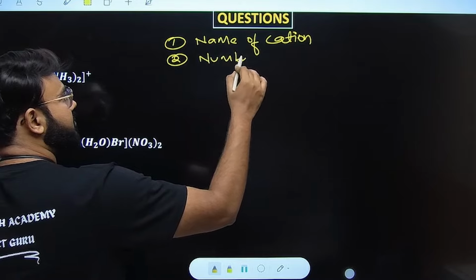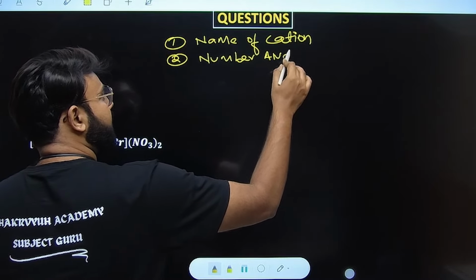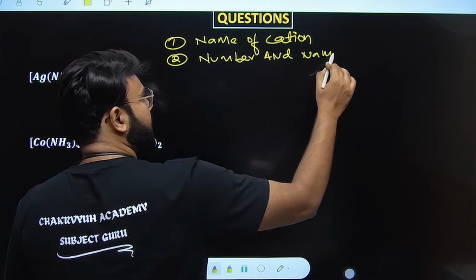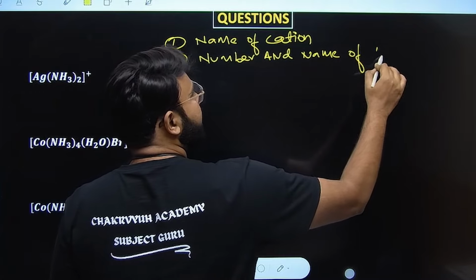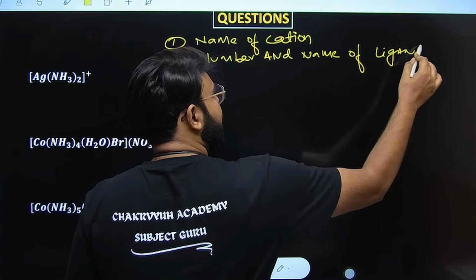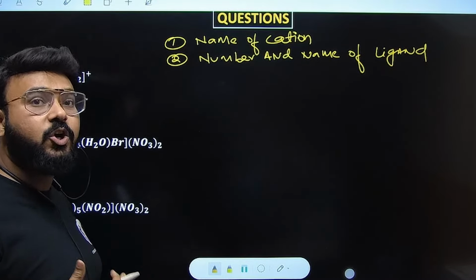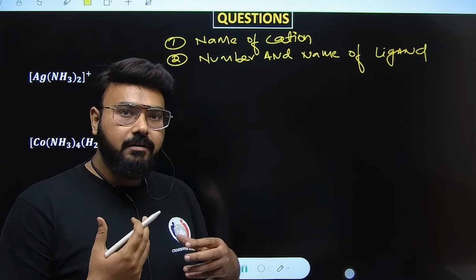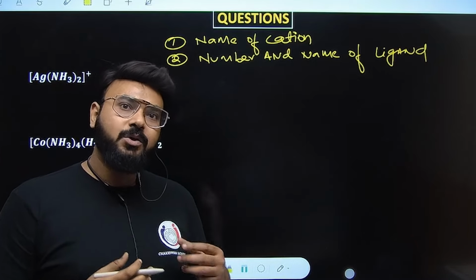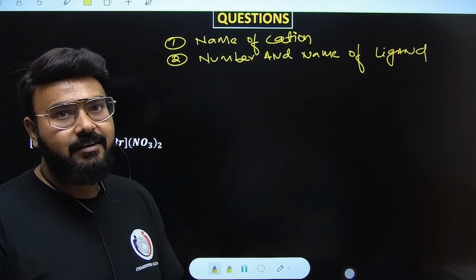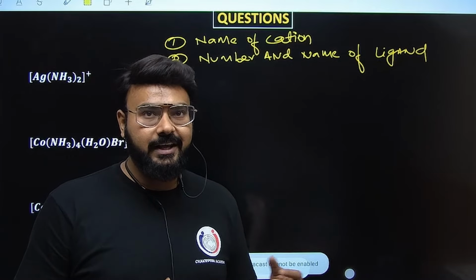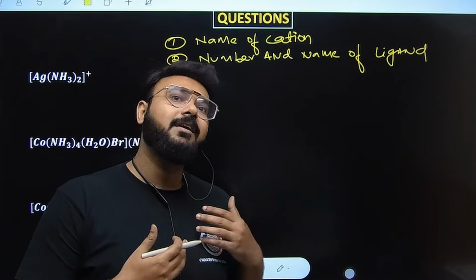the number and name of the ligand. And remember, if you have a heteroleptic complex, that means different types of ligands, then you have to write the names of the ligands in alphabetical order, like a dictionary: A comes first, then B, then C, then D, and so on.